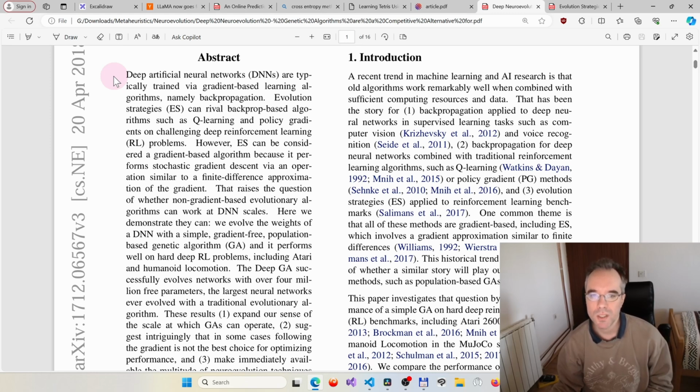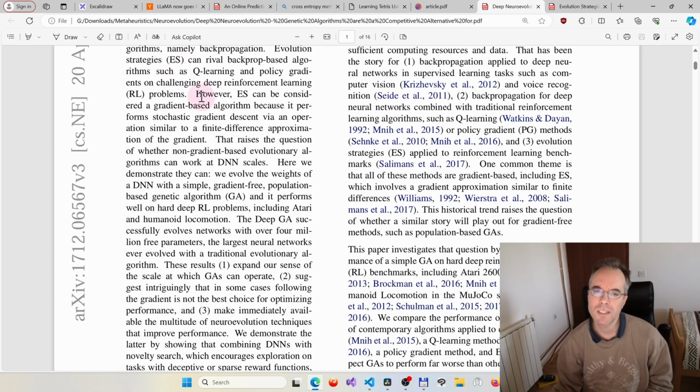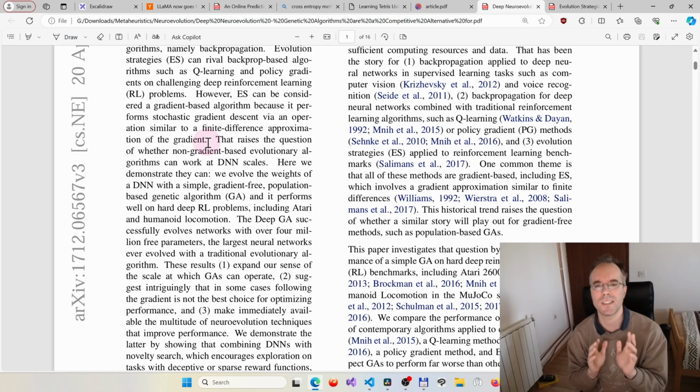However, evolutionary strategies can be considered a gradient-based algorithm because it performs a stochastic gradient descent via an operation similar to finite difference approximation of the gradient. Yeah, that's what was really surprising about evolutionary strategies from the OpenAI paper. They actually do something very similar to finite difference approximation.